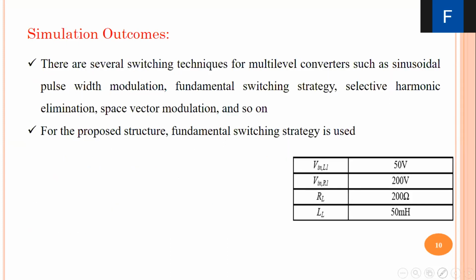And in the last section, we have simulation outcomes. As you've seen, we use 50 volts on the left side and 200 on the right side, and the load, as you see, is RL and LL.